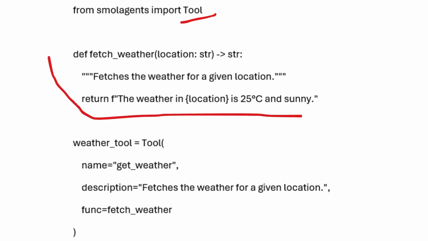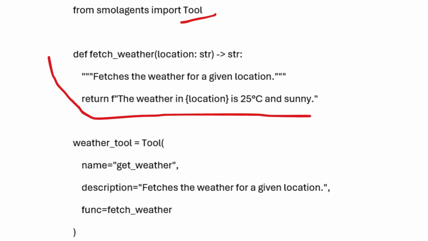Step 2, defining the function. def fetch_weather(location: str) -> str: fetches the weather for a given location. Return f"The weather in {location} is 25 degrees Celsius and sunny." This is a simple Python function that takes a location as input and returns a weather update in the form of a string.